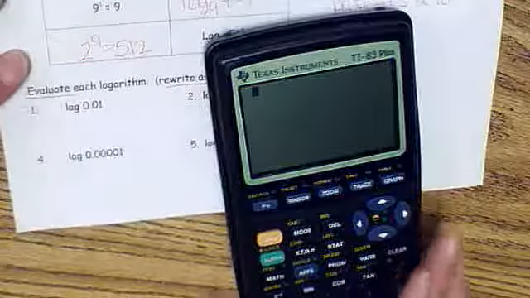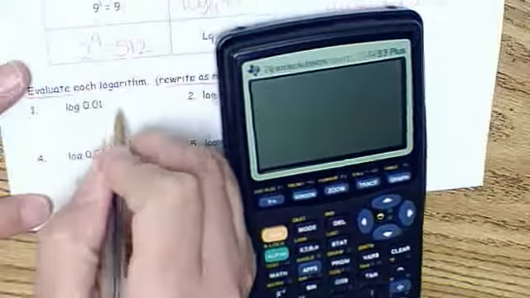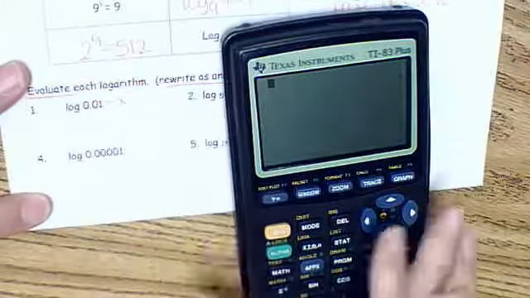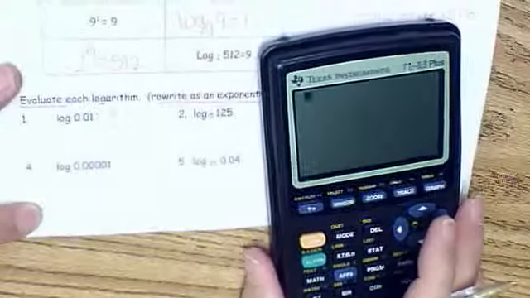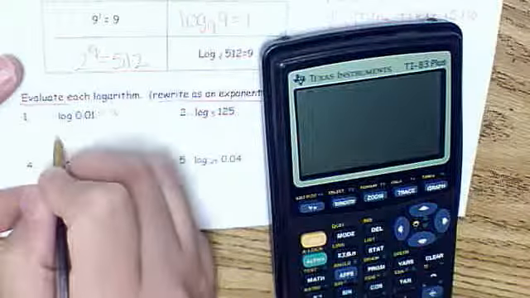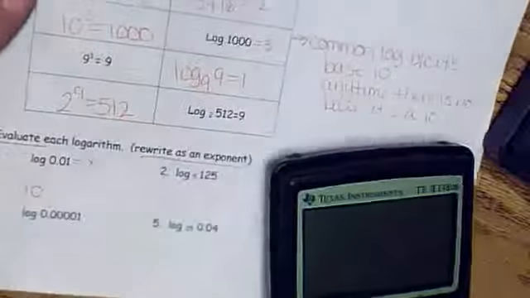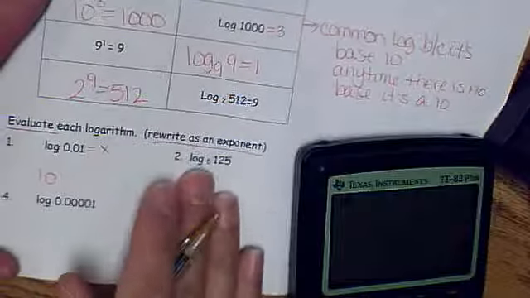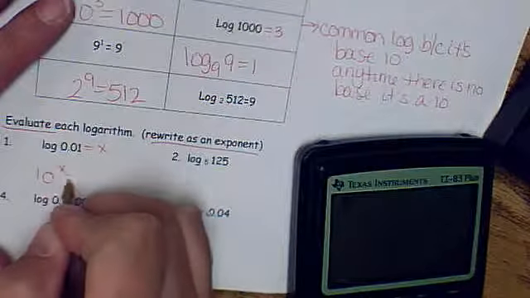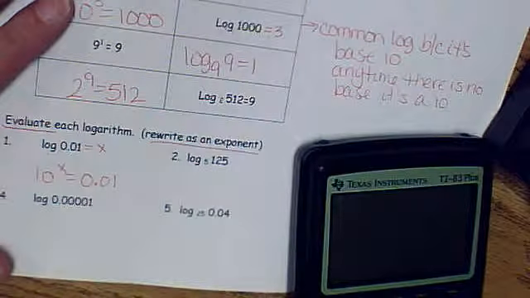So problem number 1, log of 0.01. We're going to first put this equal to x, and we're going to rewrite it as an exponent. Our base, it's not there, so it's a 10. So we rewrite this as 10 to the x power equals 0.01, and we have to figure out what that x is.